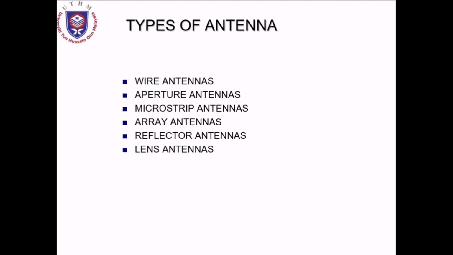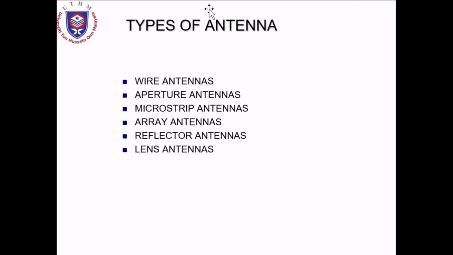Okay, let's look into a few types of antennas. There are wire antennas, aperture antennas, microstrip antennas, array antennas, reflector antennas, and lens antennas. Most probably, the ones that you usually see are the wire antenna and also the reflector type antenna. The wire antenna is the monopole antenna that is connected to your Wi-Fi access point.